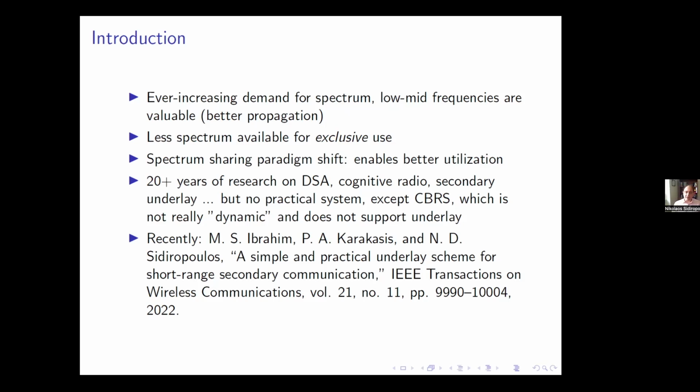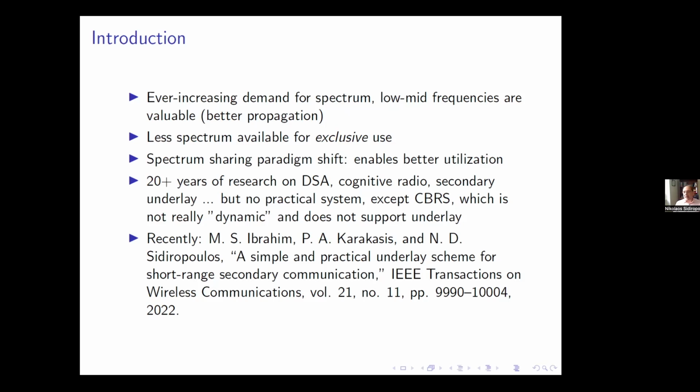The spectrum sharing paradigm emerged some 20, 25 years ago, and the idea being that if you can more effectively share spectrum, you can have much better overall utilization of the available spectrum. So there's been more than 20 years of research on what is known as dynamic spectrum access, cognitive radio, secondary underlay, which is one particular way of doing cognitive radio.